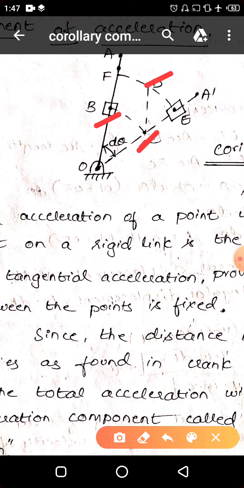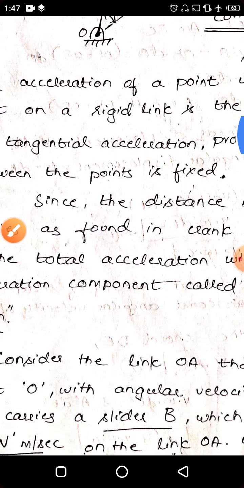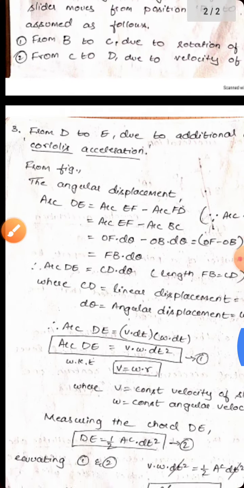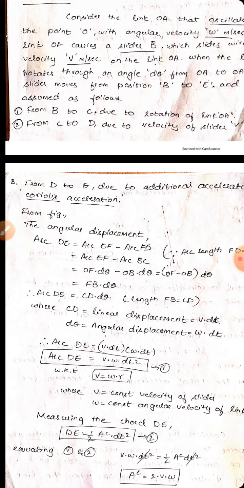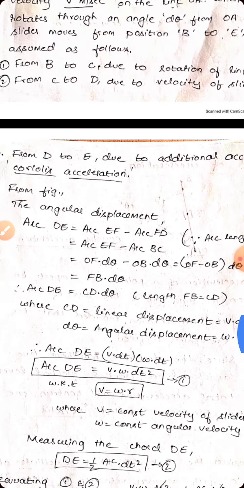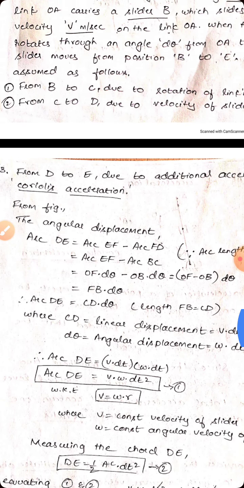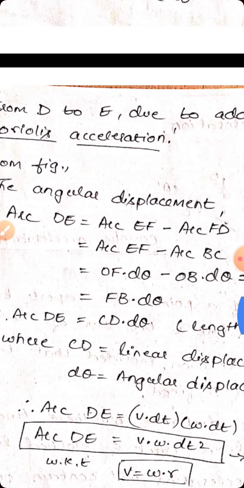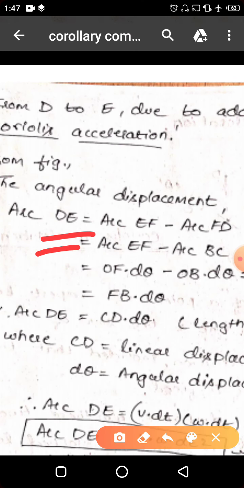Now the movement of this point D to E, that is nothing but the slider moving ultimately from B to E. This is because of the last component of the acceleration, that is nothing but the corollary component of acceleration. Now to find the mathematical equation or expression for this corollary component, we will be finding this angular displacement DE from the diagram.